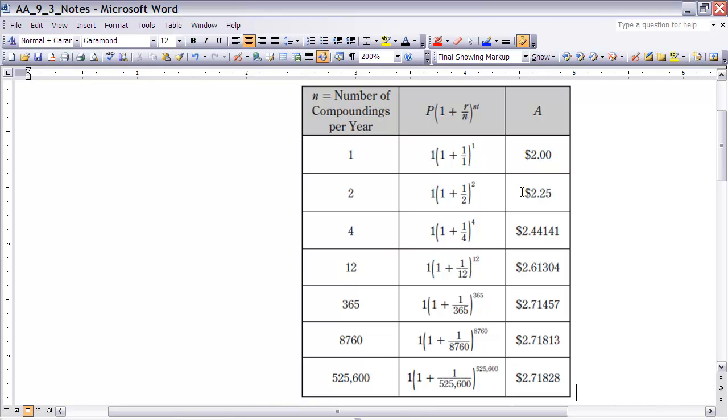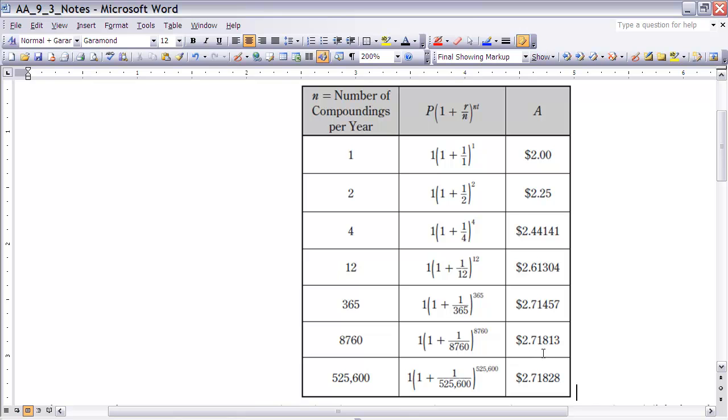However, as I move further down the chart, going from 8,760 compoundings to 525,600 compoundings, that's quite a big difference, enormous relatively speaking. But the difference in the amount of money is very, very minute.